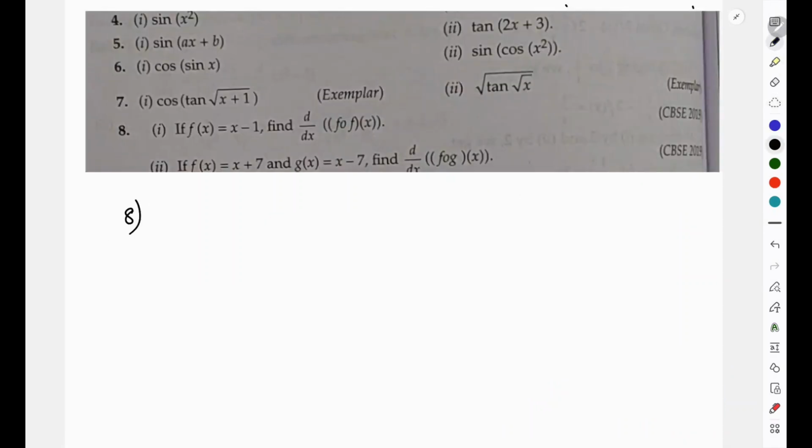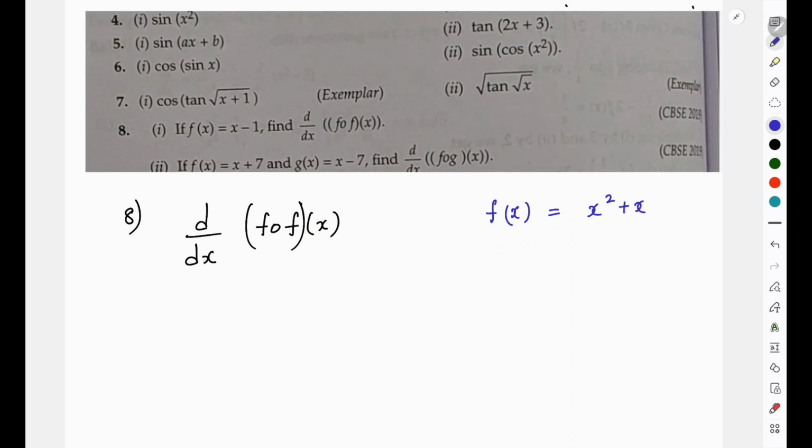Moving to the next question, eighth one. See, we have the question as derivative of f of x. What is the meaning of f of x? See, I have a function f of x. So it could be any function. So I'm not going to take the question as an example. Let's take x square plus x.